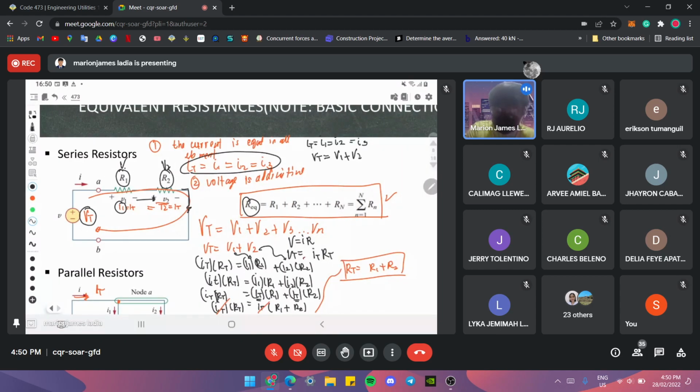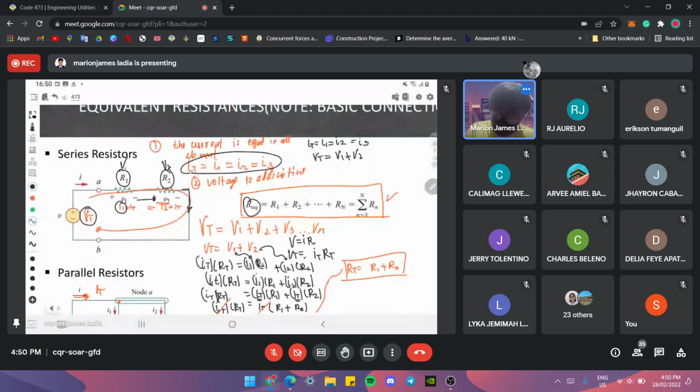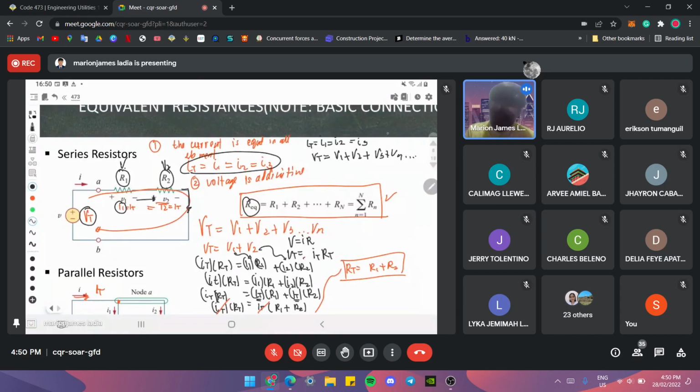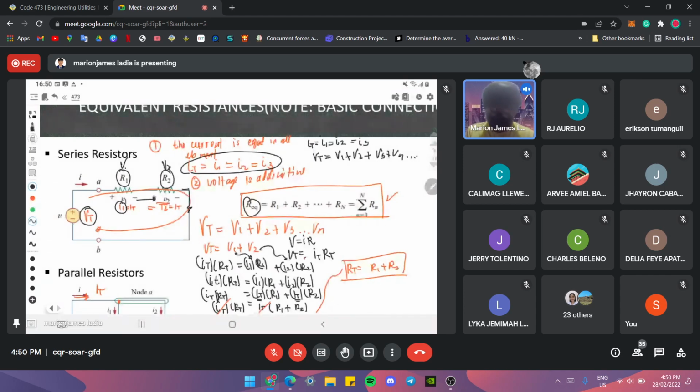Pero pag linagyan mo pa ng resistor 3 and so on and so forth, it is plus V3 plus V4 and so on and so forth hanggang sa Vn. That is additive. Also, I have derived our formula for our equation or the equation of resistance in series connection.